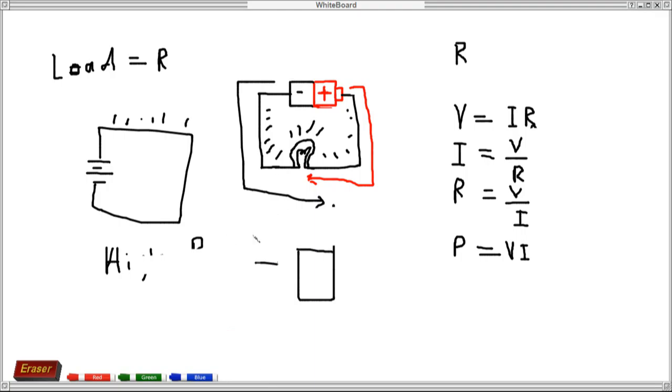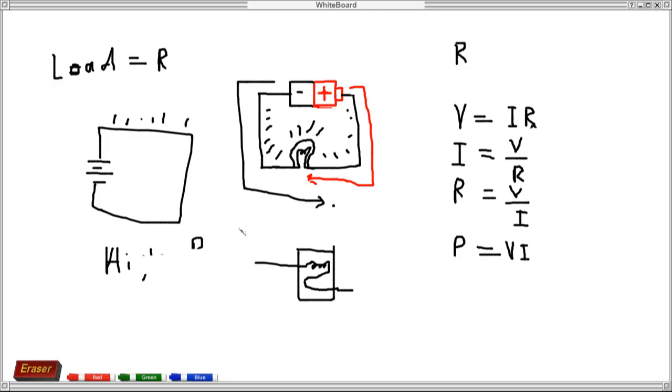Current flows through here, and it goes through a coil and a spring, connected to a piece of iron. I'm assuming it's a ferromagnet, but I'm not really sure. I haven't opened one of those up.